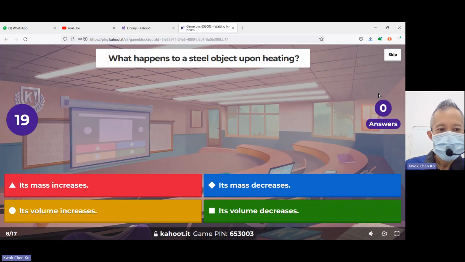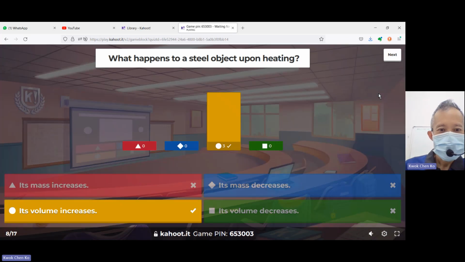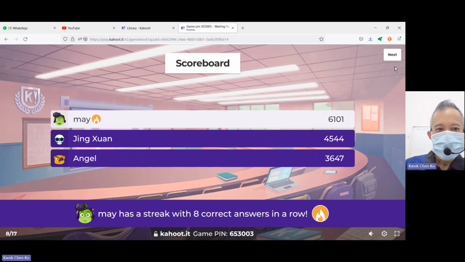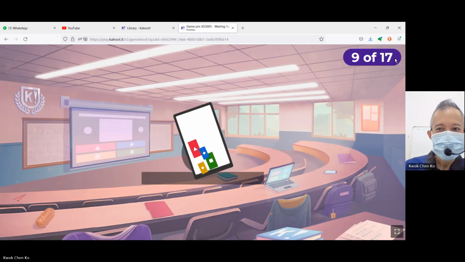A rectangular tank, 18 cm long, 12 cm wide. No problem. And this is y cm high.